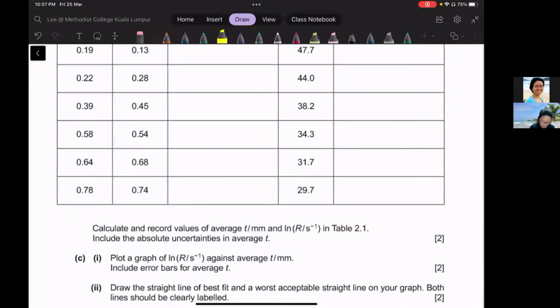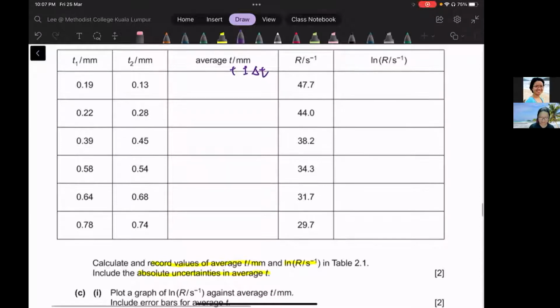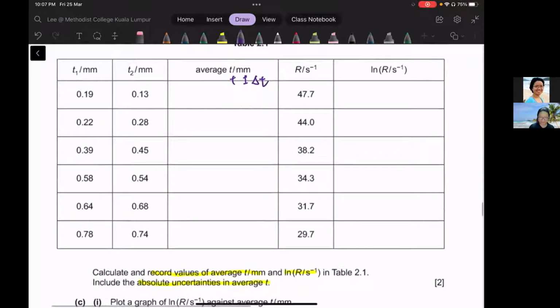You are asked to record the values of average t and ln R, and include absolute uncertainties in average t, which means this should be t plus minus the uncertainty in t. So we'll do it now together.